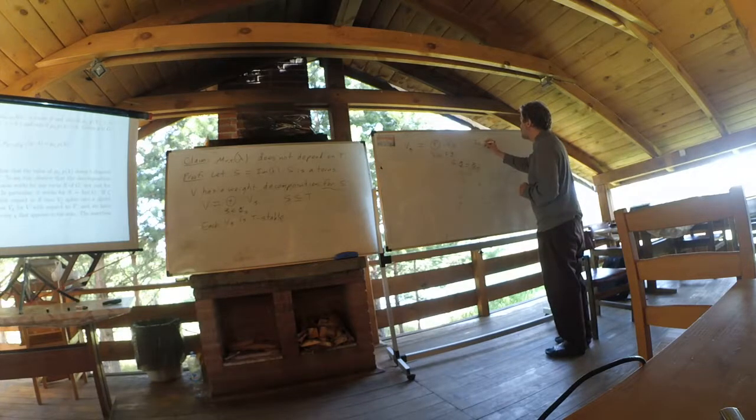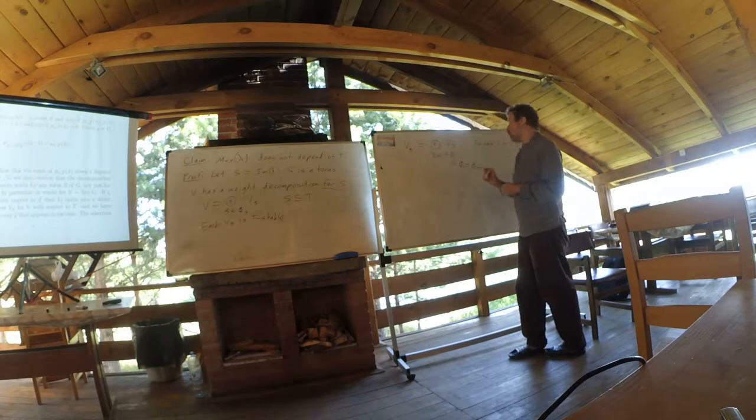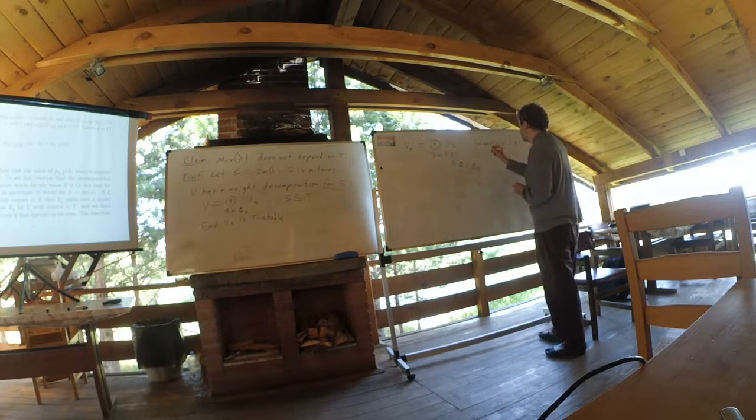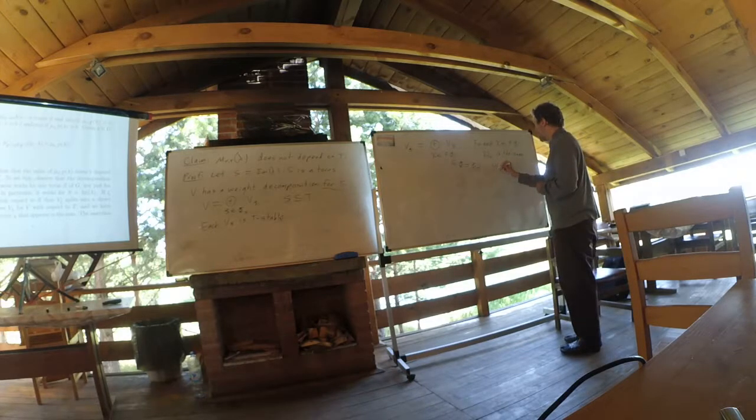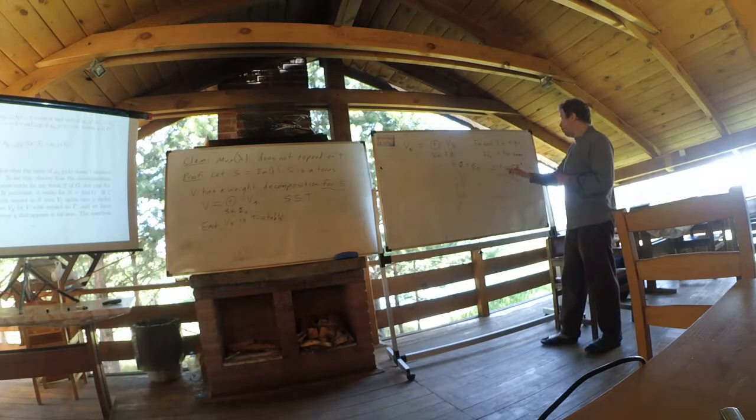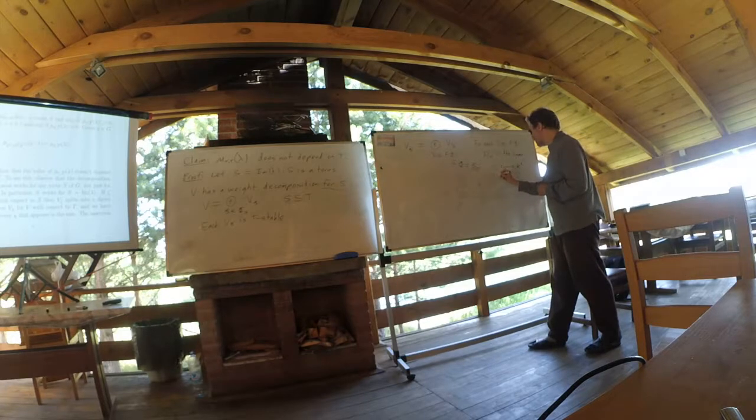But then for each chi in the set of weights for T that correspond to this space here, if we restrict this to S, these are all the same, right? So chi is the weight of T. It's a homomorphism from T to K star. S is a subset of T, so it makes sense to restrict this.